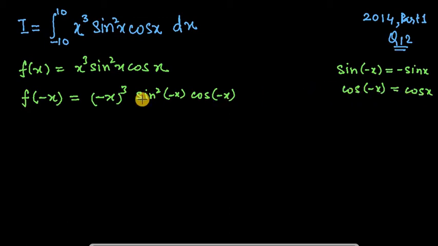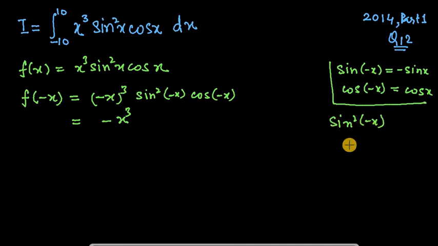So minus x cube will be minus multiplied 3 times, which is minus, and x multiplied 3 times is x cube. And sine square minus x, what will it be? We can write it as sine of minus x whole square, because this power applies to the whole function sine.